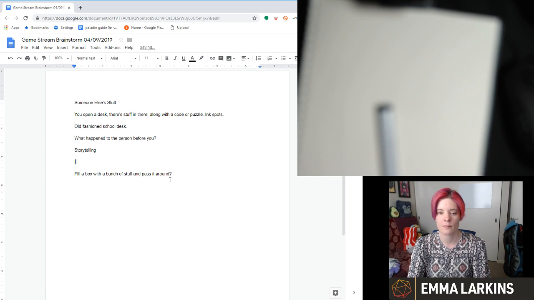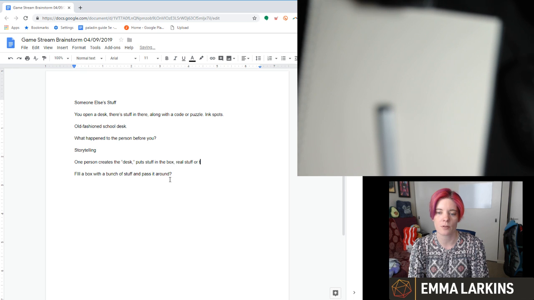One person creates the desk, puts stuff in the box, real stuff or tokens. Other players open it up and try to deduce what happened to that person based on stuff and code.